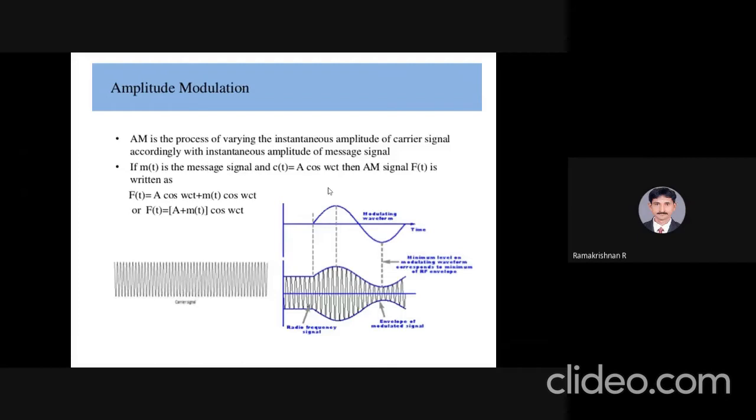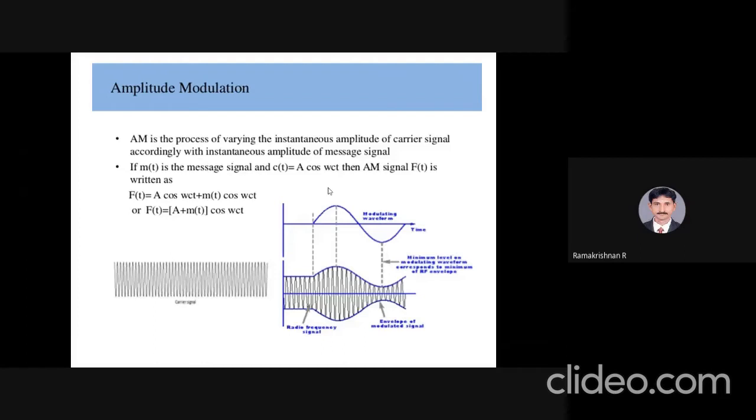If m(t) is the message signal and c(t) is the carrier signal, the message signal or the low frequency signal or the modulating signal is represented as the given equation: Vm(t) = Vm sin ωmt. The carrier signal can be represented as Vc(t) = Vc sin ωct, where Vm is the amplitude of the message signal and Vc is the amplitude of the carrier signal.